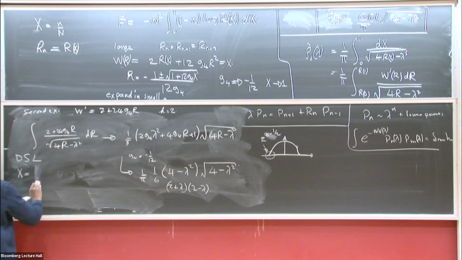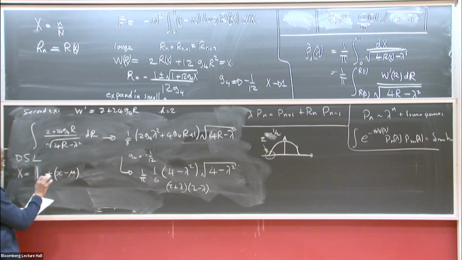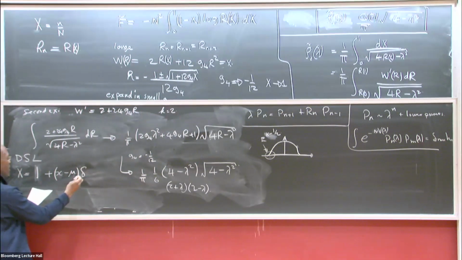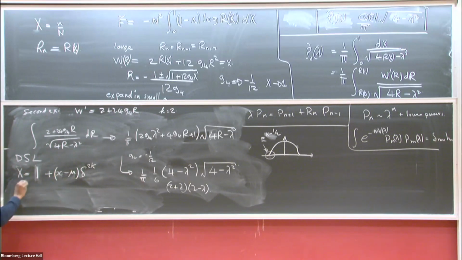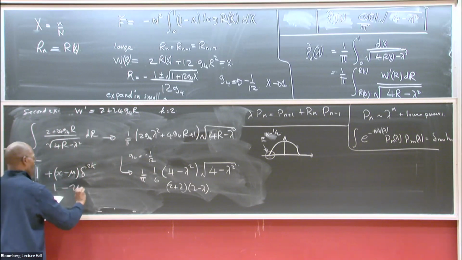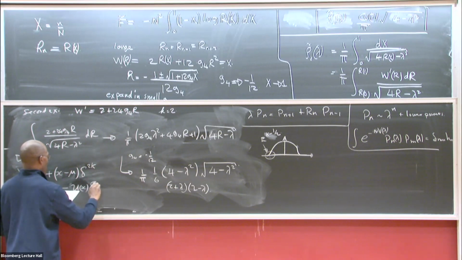So I'm going to say x is 1, but then there's a scaling piece away from 1, which I'm going to call x minus mu. And I'll explain exactly what I mean by that in a moment. x is going to be a variable, mu is going to be a constant. The meaning of that constant will become clear in a moment. R of x will be 1 minus some function, which I'm going to call u of x, as promised yesterday. I'm going to tell you what delta is in a moment.